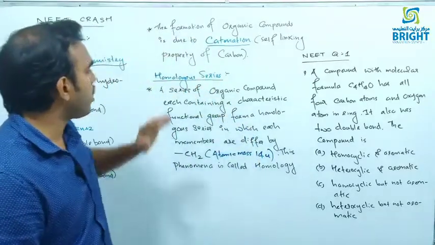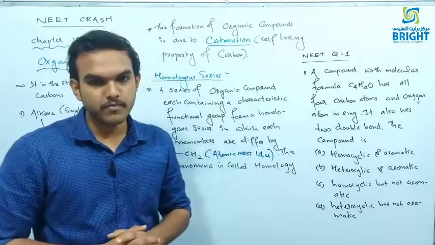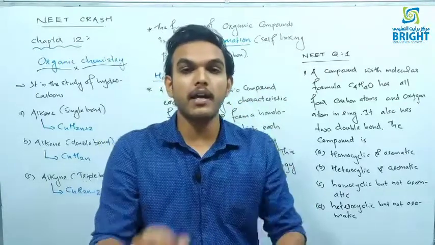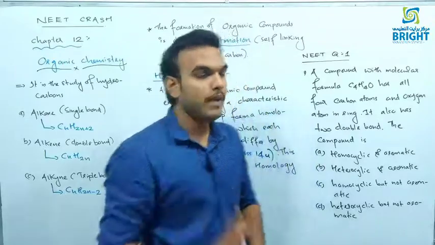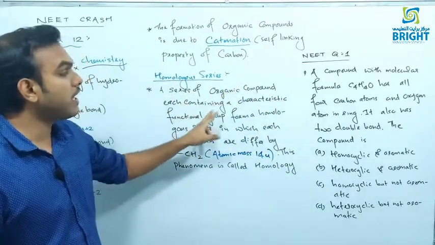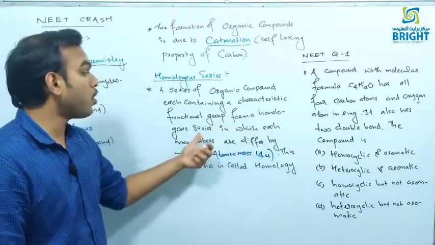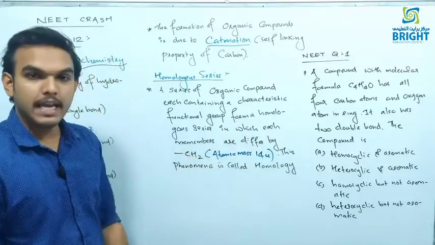First of all, we are going to study what is meant by homologous series. Generally, we can say that a series which differs by CH2 is known as a homologous series. Or we can also explain it as a series of organic compounds, each containing a characteristic functional group, in which each member differs by CH2.